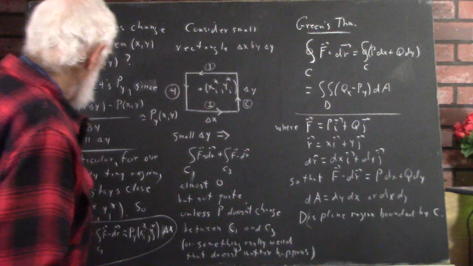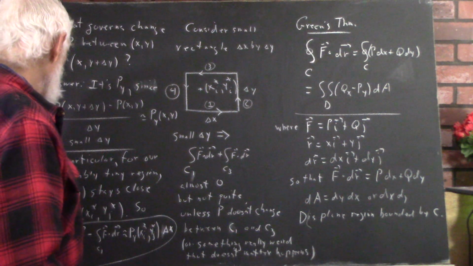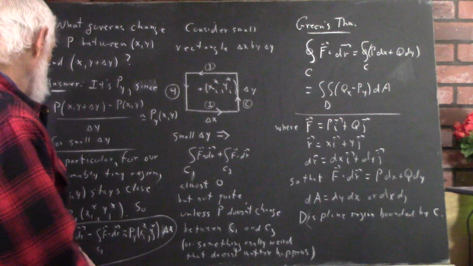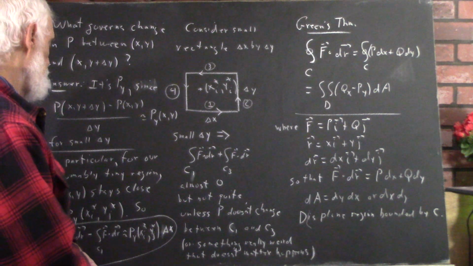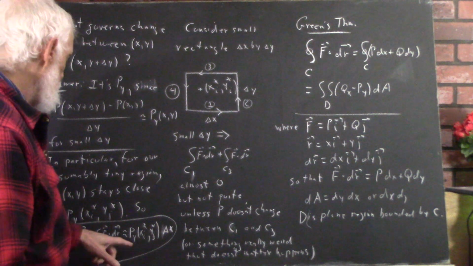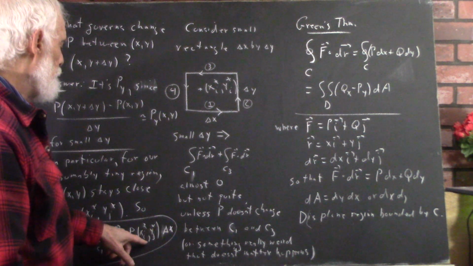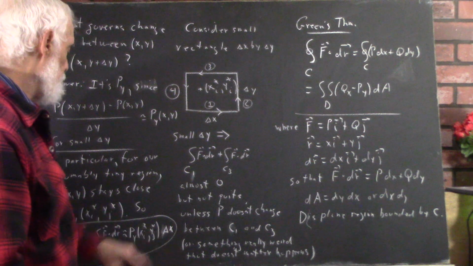Okay, we conclude that the integral over C3 minus the integral over C1 is approximately equal to Py of (xi star, yj star) delta x.